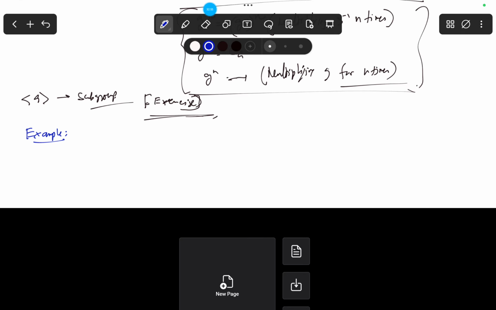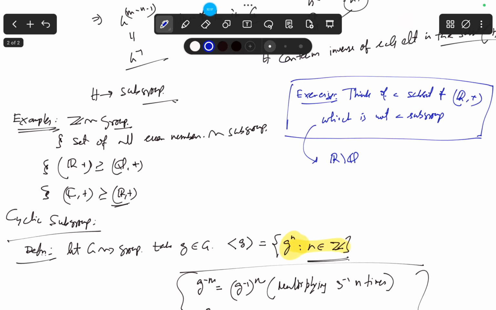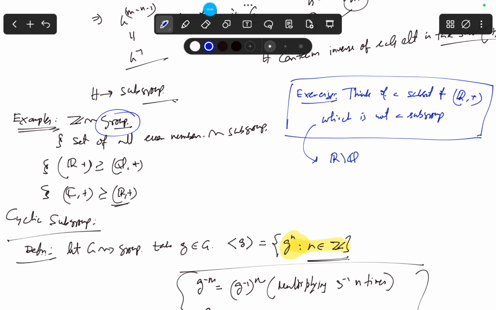As an example, as we stated last time, Z is a group with respect to addition as the binary operation, and the set of all even numbers is 2n such that n belongs to Z. If you add 2 for n times, you get 2n.